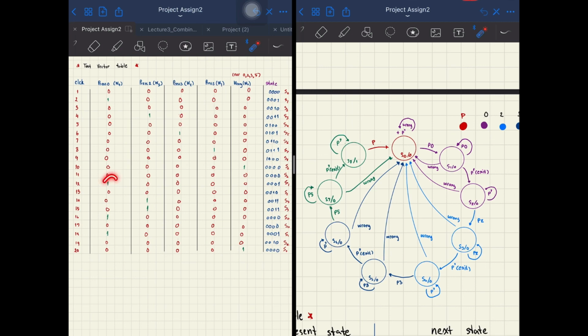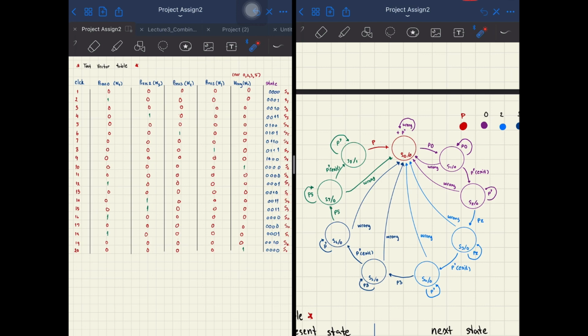So I press 0 here, press 0, it will bring me to state 1, so state 1 is here, right? And then clock 13 is here. I release the button, so it will exit and bring me to state 2.